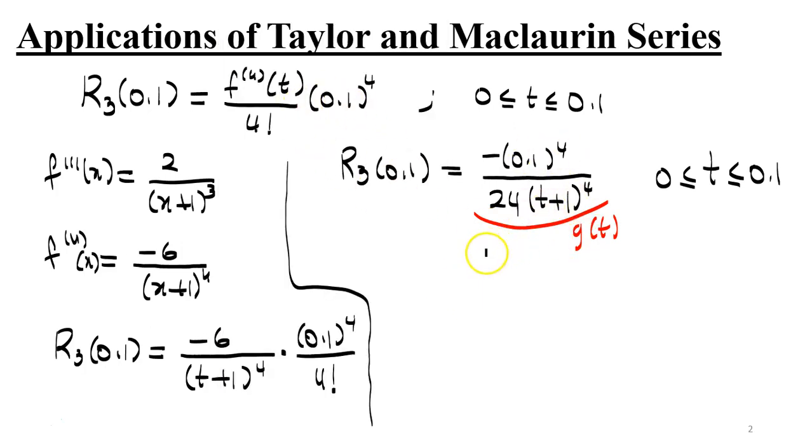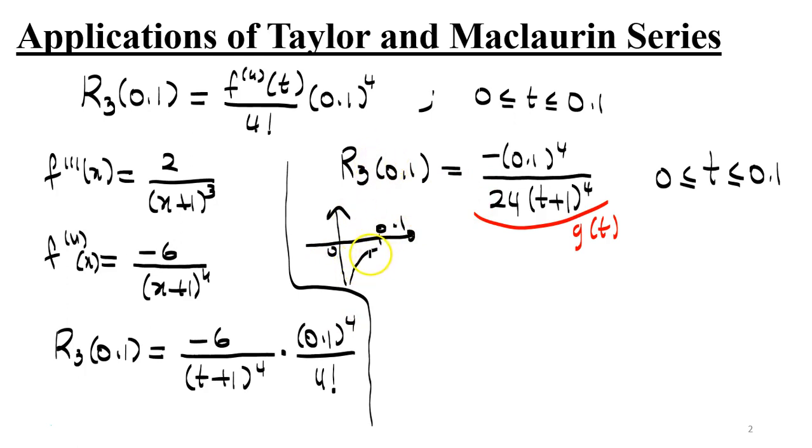So g of t being increasing over the interval 0 to 0.1, in that case, the maximum value of g would be at 0.1. To make sense of it, if we were to draw a small sketch, if this is the interval 0 to 0.1, and I draw the function over this interval, we've just seen that it's increasing.